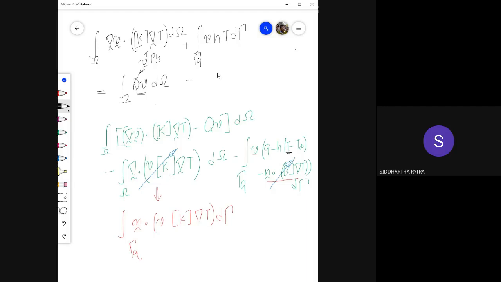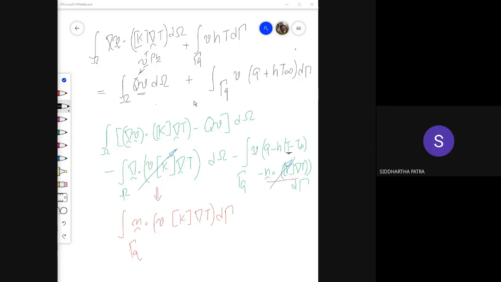No, I believe it's not minus, it's plus integration over gamma q v times (q plus h times T infinity) d gamma.